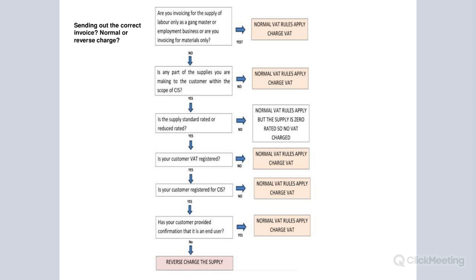So reverse charge VAT takes the VAT out of the hands of all the construction tiers, the subcontracting tiers. Let's have a look at this flowchart.